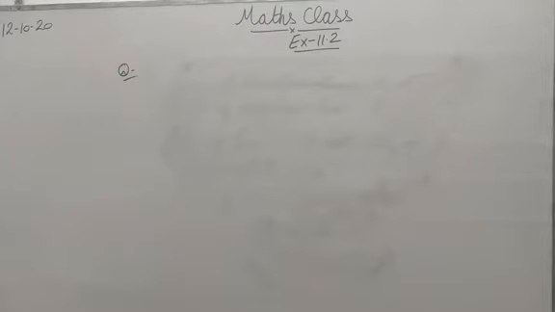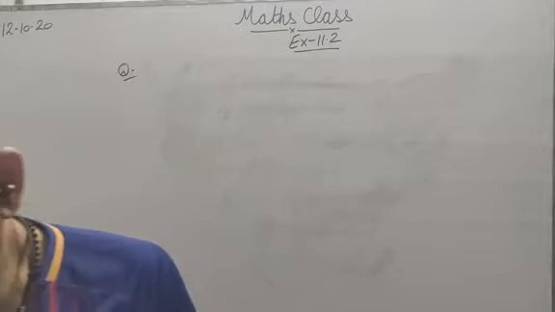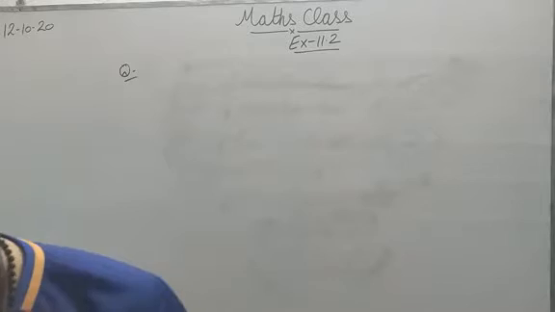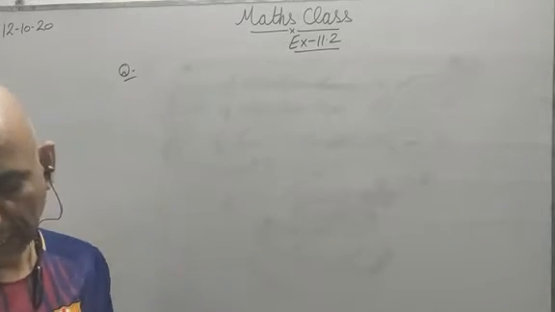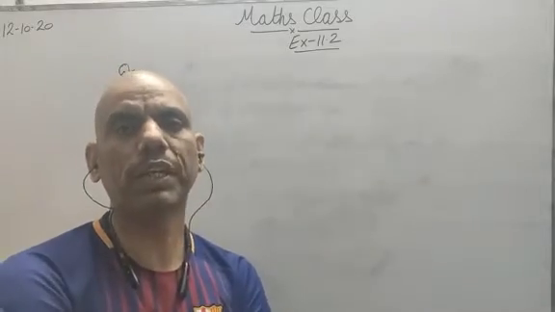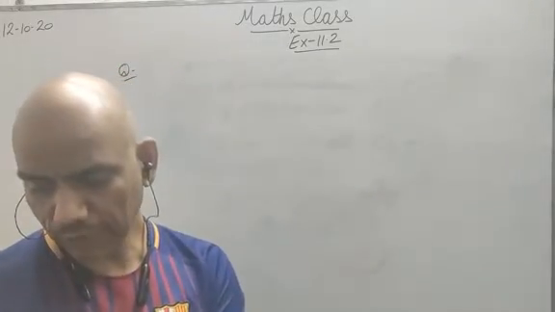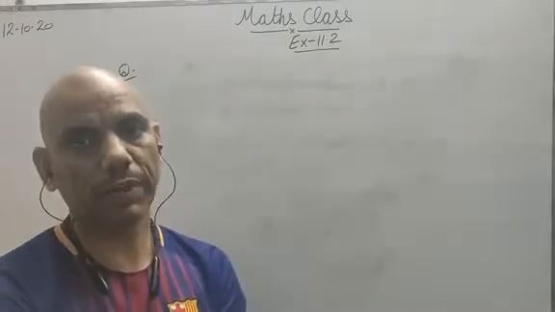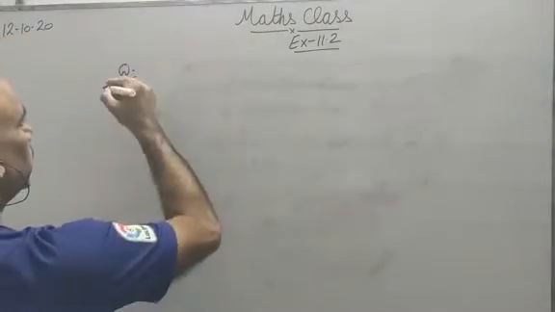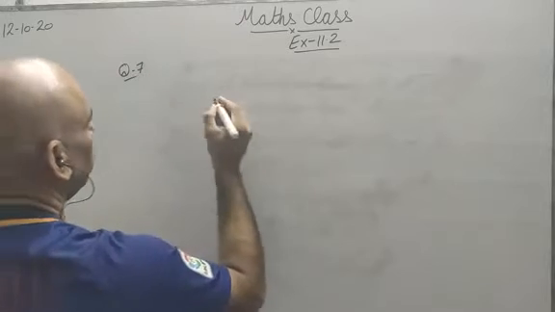Find the cost of polishing the floor at the rate of rupees 4 per meter square. The rate is given in meter square and the tile dimensions are in centimeter, so we will have to convert that into meter, and in the end multiply with the rate to get the cost. So we are doing question number 7.